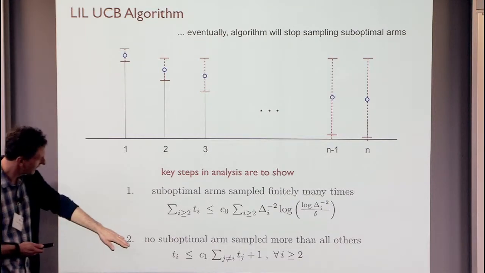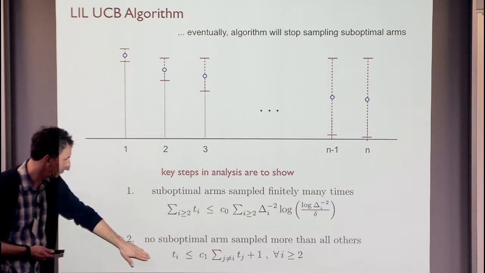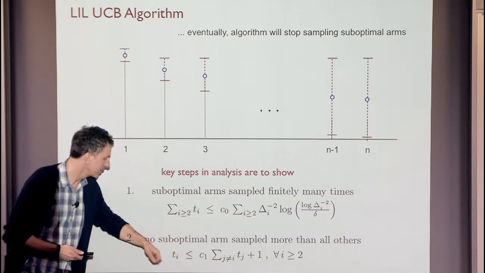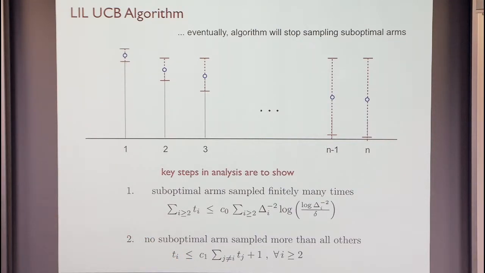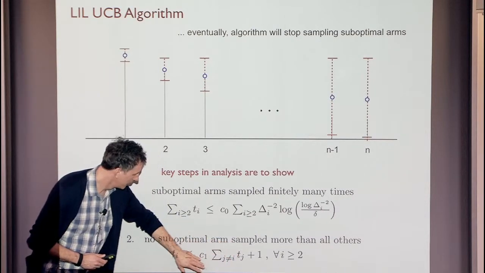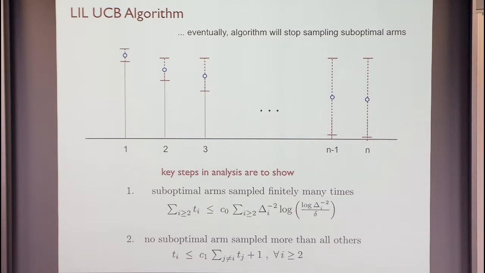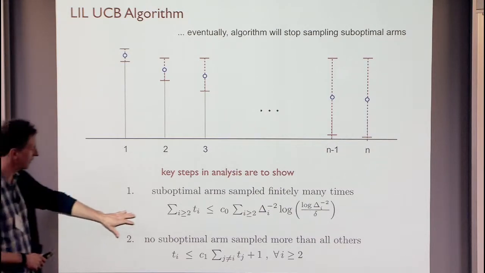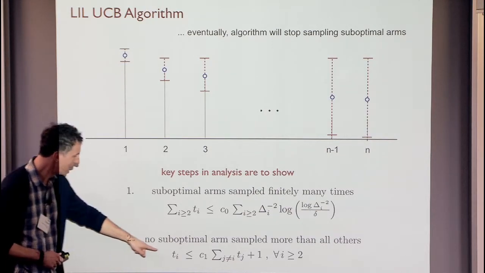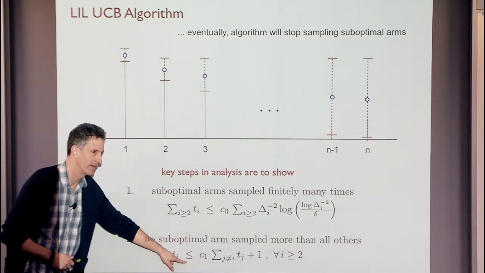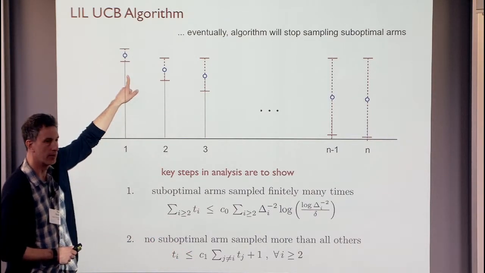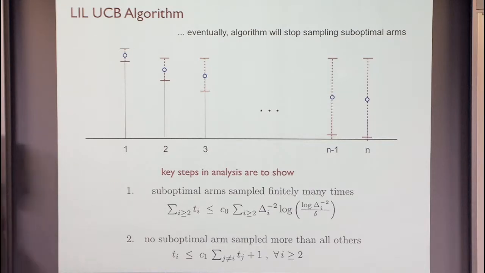And the next thing you do is you can show that no suboptimal arm is going to be sampled more than some constant times the total number of samples collected from all the other arms. So you're never sampling any one of the suboptimal arms more than a constant times all the other samples you've taken. And if you put these 2 things together, basically the idea is that at the end of the day, the only arm that won't satisfy this, at some point, is the optimal arm. And then you stop. That's your stopping criterion.